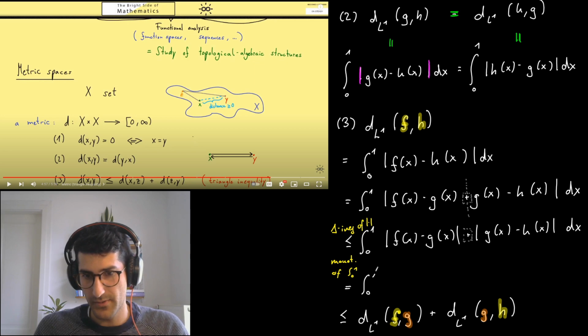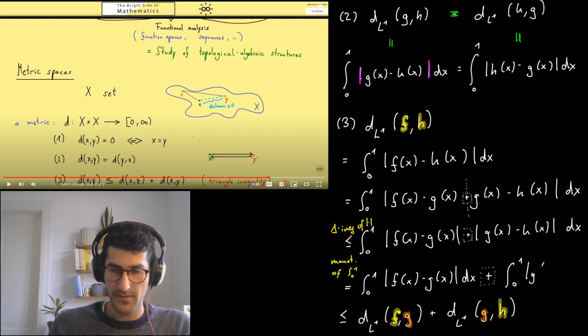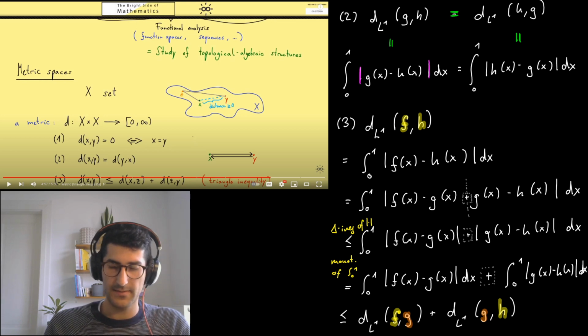So how do we do this? We just split up the two integrals at the plus sign. So this is the first integral, then comes our plus sign, the one that I bordered here with the dots. And then comes the second part of the integral, the difference of g of x and h of x, dx here.